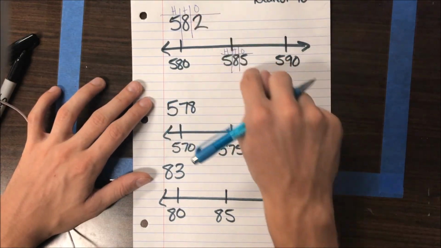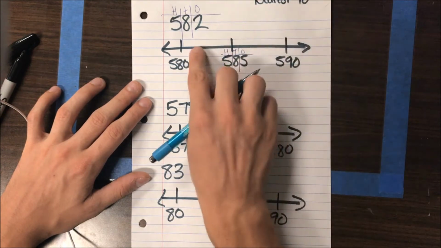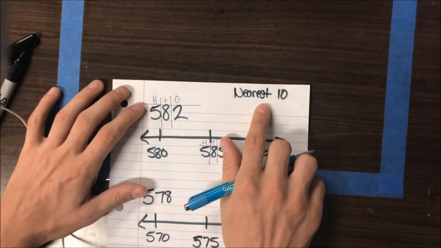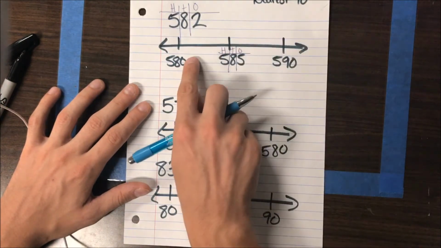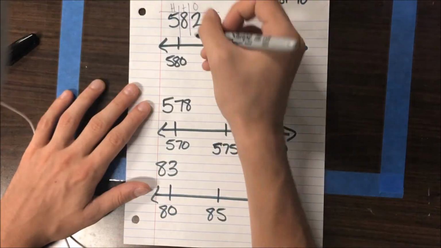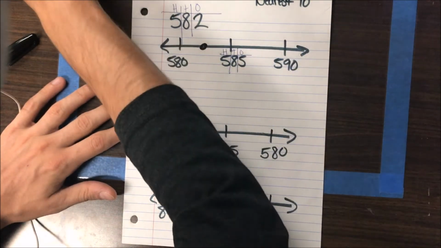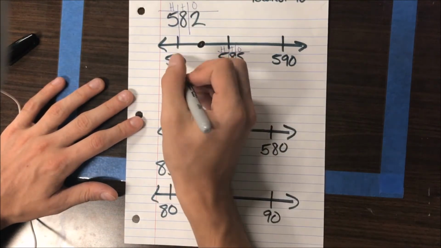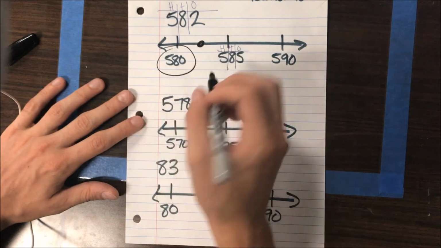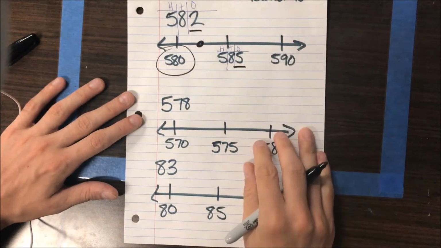So we know that we're looking at the ones place to see which side the number is going on when we're rounding to the nearest 10. So I can see that I have to go on this side to round to the nearest 10. So I know that that's where 582 is going to go. So it's closer to this number. And to decide that, I had to look at the ones place.